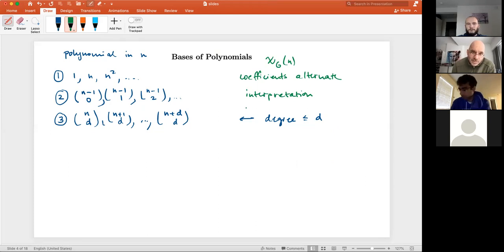I claim that if you write the chromatic polynomial in this last basis, the coefficients are non-negative. This is true, by the way, in my second basis too, because we have a counting interpretation. Where is all this going? The fact that in your last basis you have non-negative coefficients is not entirely trivial. But again, you can try to prove that.